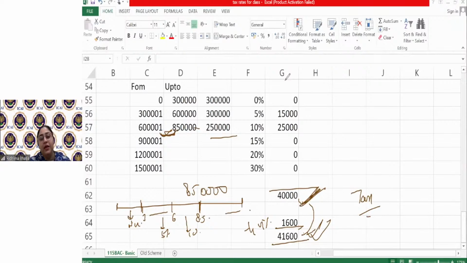Quickly tell me, what is the tax on 22 lakhs with the new scheme?